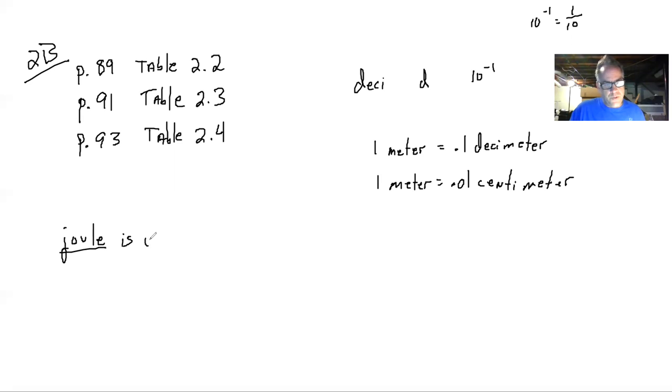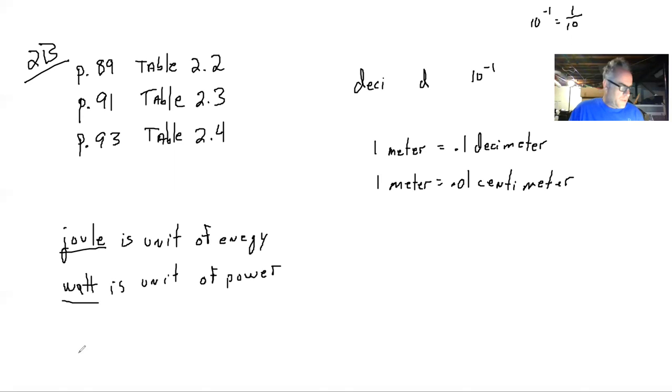So joule is the unit which measures energy. And a watt is a unit of power.